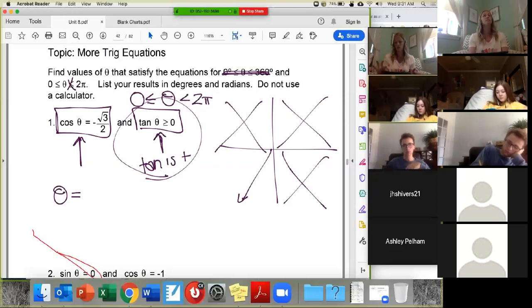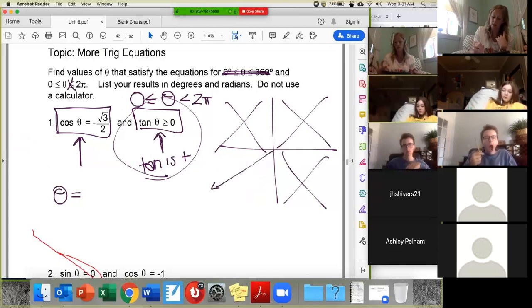I'm still going to use my chart that only gives me quadrant 1 to start with. So in quadrant 1, cosine is equal to positive √3 over 2 at which radian? Pi over 6. That's not my answer because I'm not in quadrant 1, but it is my reference angle.